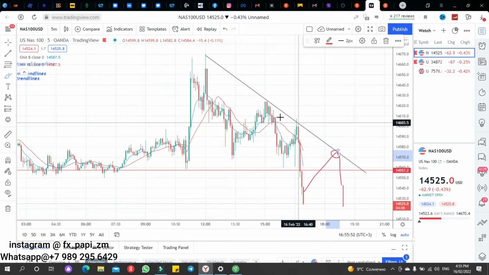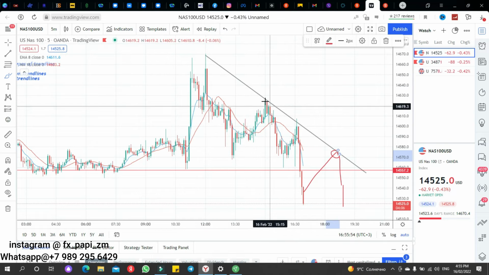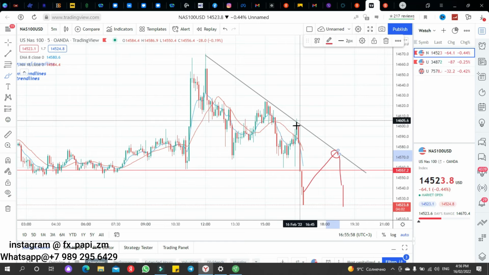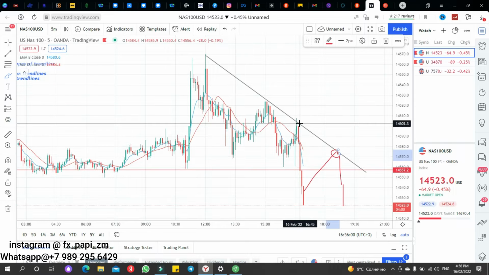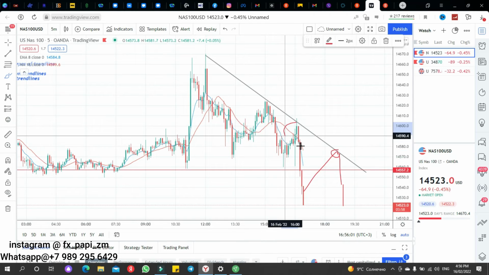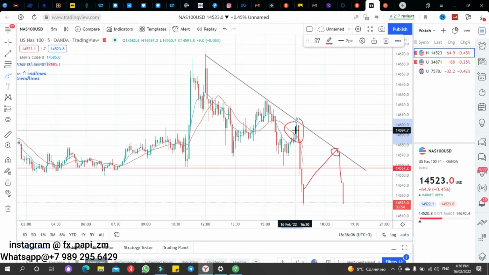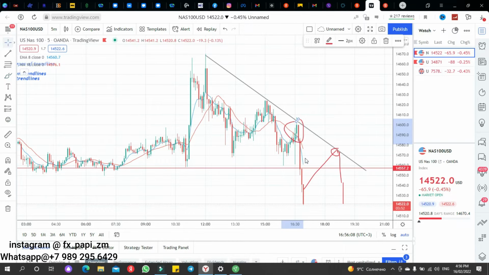So such kind of things. For instance, if the market forms a bearish engulfing at this trend line here, this downtrend line, in a downtrend, then I'm going to take a sell. Like here, have you seen it formed a bearish engulfing there? As you can see, it formed the bearish engulfing at this trend line here. I could have taken a sell here.